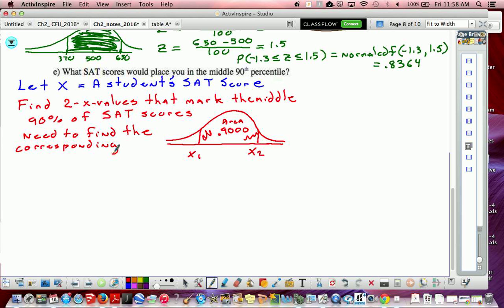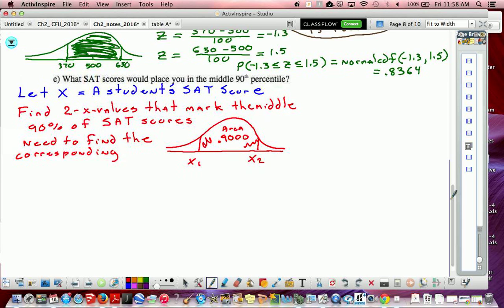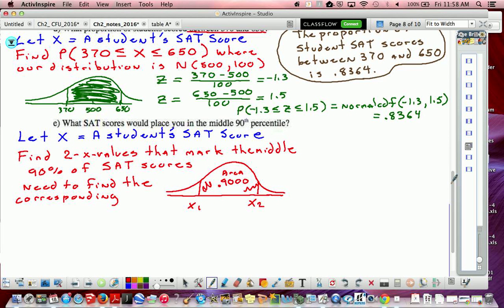To find these X's, what would we be able to find first from this area? I got an area. What did I get my area from? Z-scores. So I'll need to find the corresponding Z-scores.